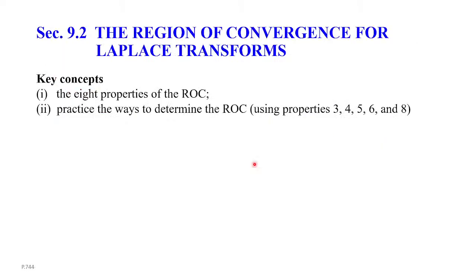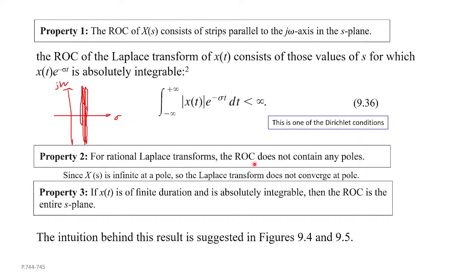So then we come back to the properties of ROC. The first property is that the ROCs are strips, and inside the ROC you want this basically Dirichlet condition to be satisfied. So inside the ROC, this equivalent Fourier transform should converge.